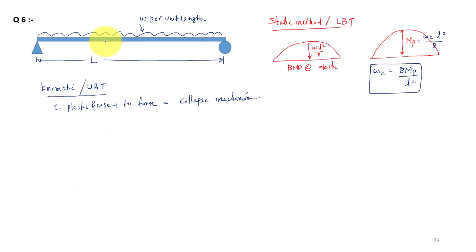We know your moment is at maximum at the midspan, so your plastic hinge will be forming at the midspan only. This is my beam. So only one plastic hinge will be there in your structure.